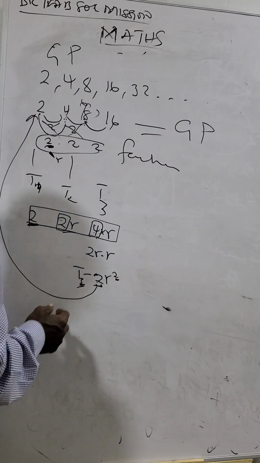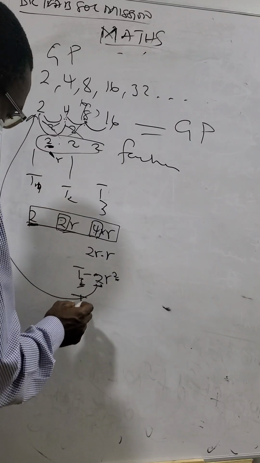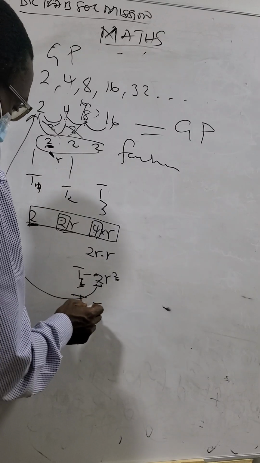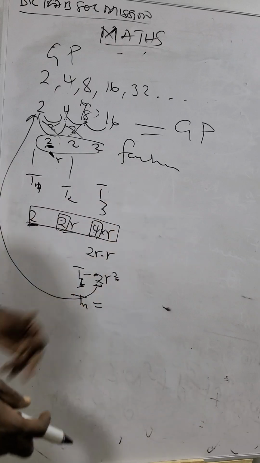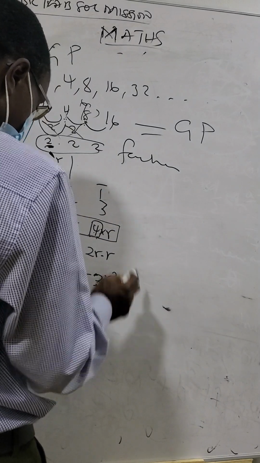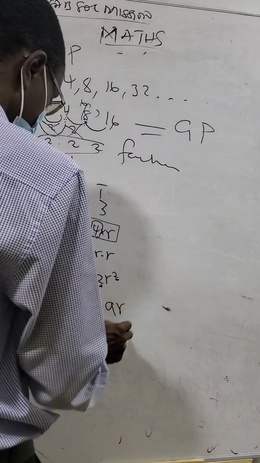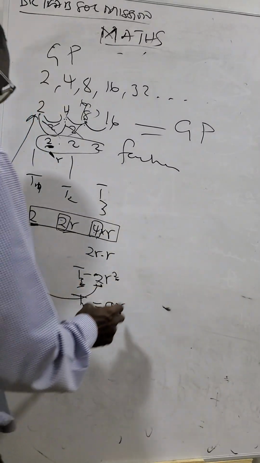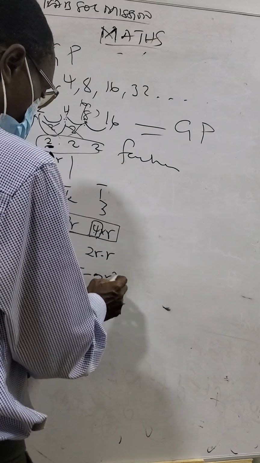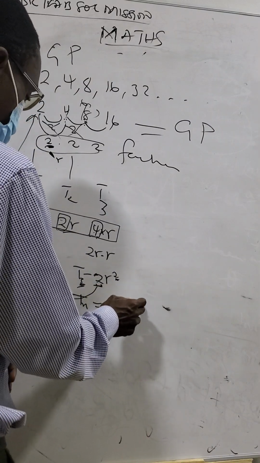From this, we can say that if Tn is for any term n, then the first number that we are dealing with, let's assume that is a, should be multiplied by the factor r, raised to the power that will be short by 1, so it will be n minus 1.